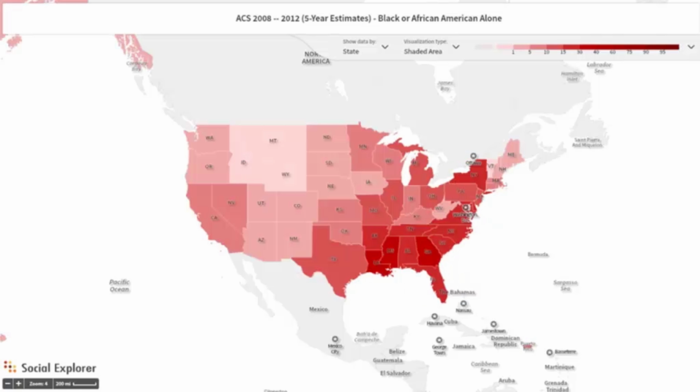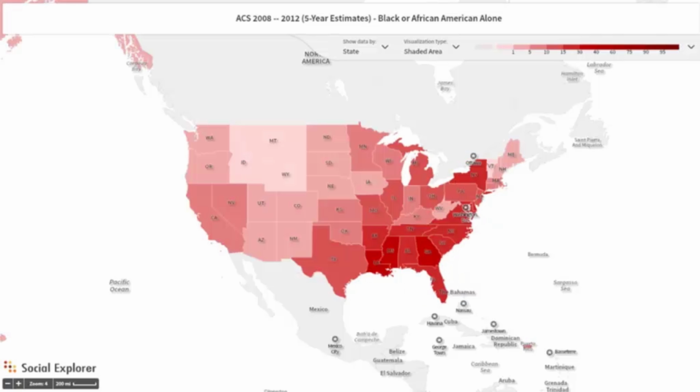Of the maps we're looking at for African American population in the United States at the state level, I would argue this is the best option, the choropleth map, because it shows those key areas. Just like the proportional symbol map, those key areas are those states in which African Americans are in a much larger proportion of the population.